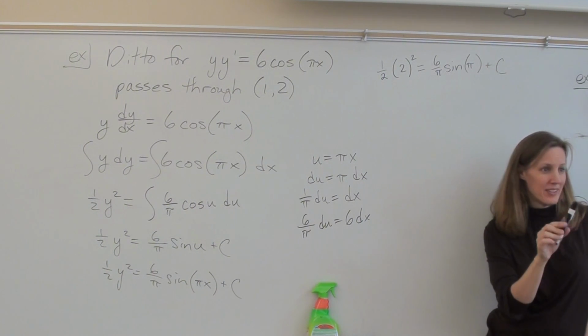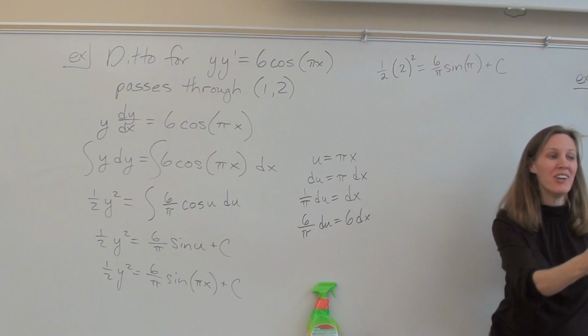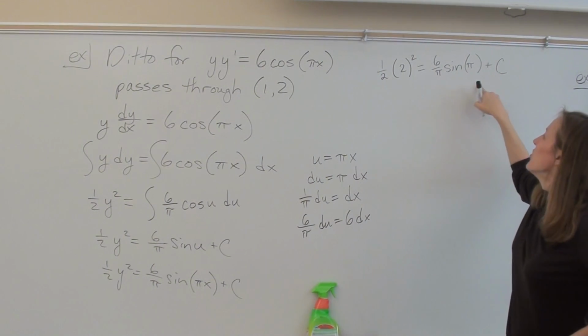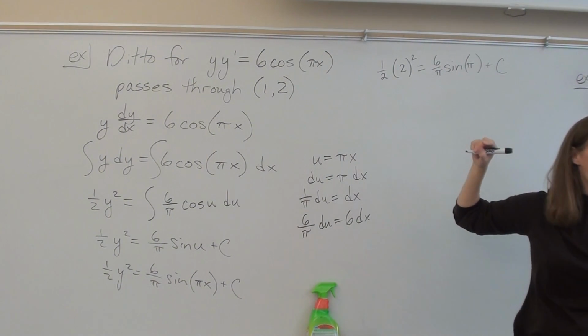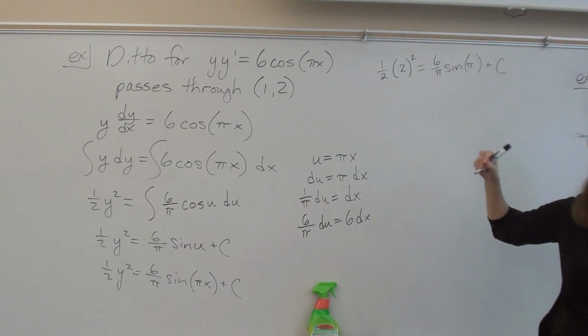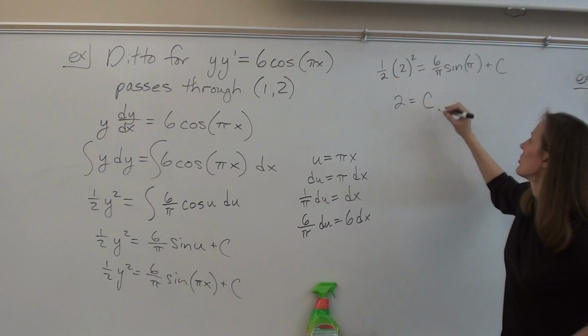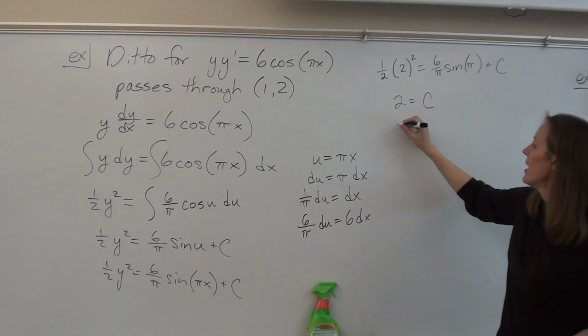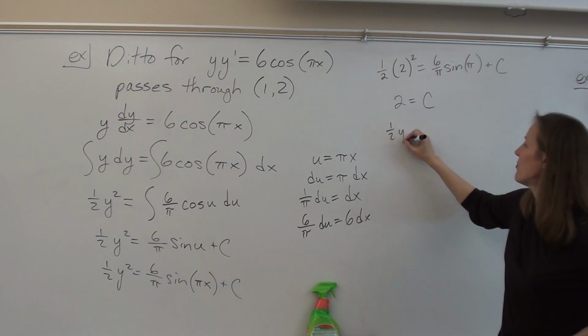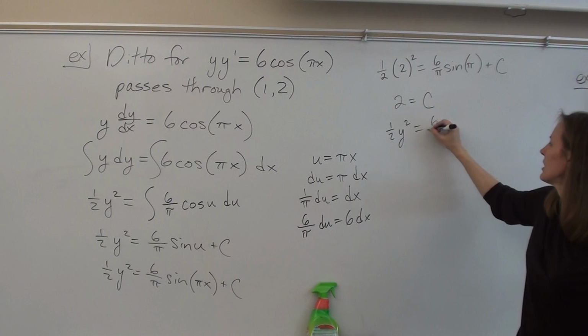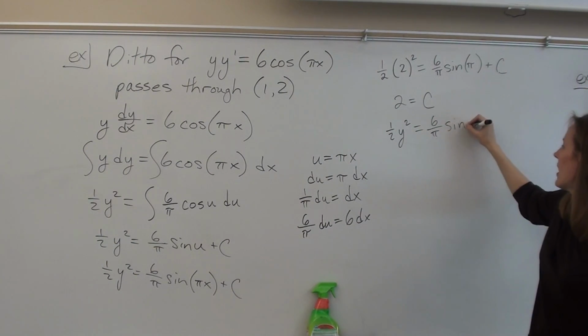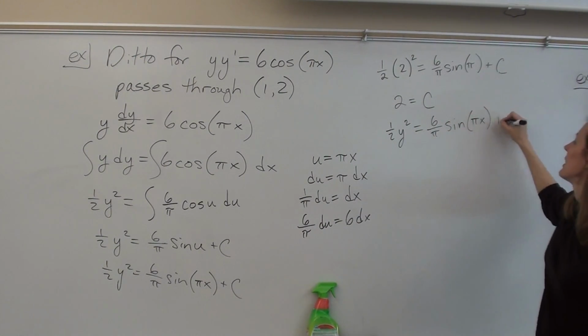You guys got it too? Good. You got it too? Okay. In order to find this, you need to know the sine of pi. What's the sine of pi? 0. So you get 4 squared over 2, which is 2, equals 0 plus c, or c. So now we've got the equation 1/2 y squared equals 6 over pi sine pi x plus 2.